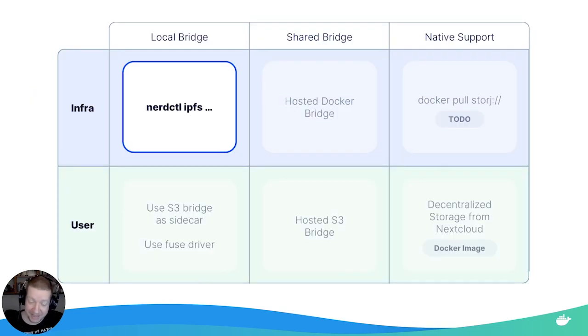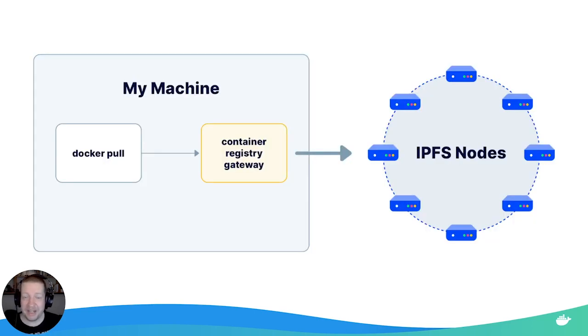Here we can create bridges, right? Just to make it easier for the users to use the projects. So one approach is that, for example, Netcontrol has a Netcontrol IPFS command, which runs a local Docker registry. And after that, Docker pull and push works out of the box.